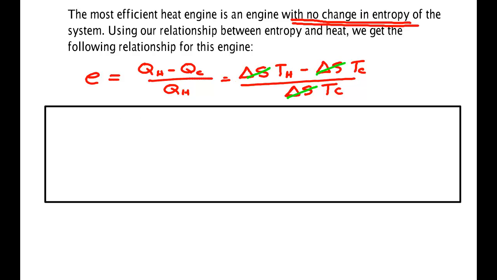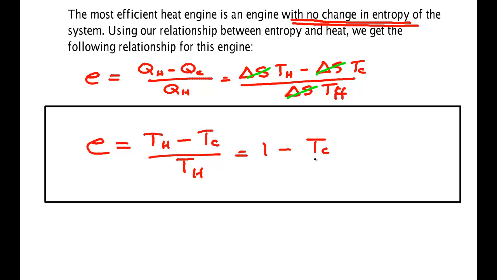And so if we can assume the Carnot cycle where that's the case, then we find that the efficiency is simply TH minus TC over TH. I'm sorry, I don't know why I had a C there. Or 1 minus TC over TH.